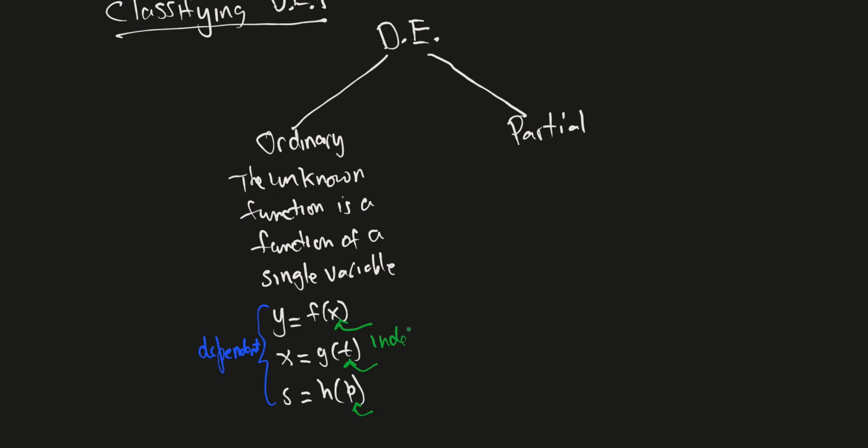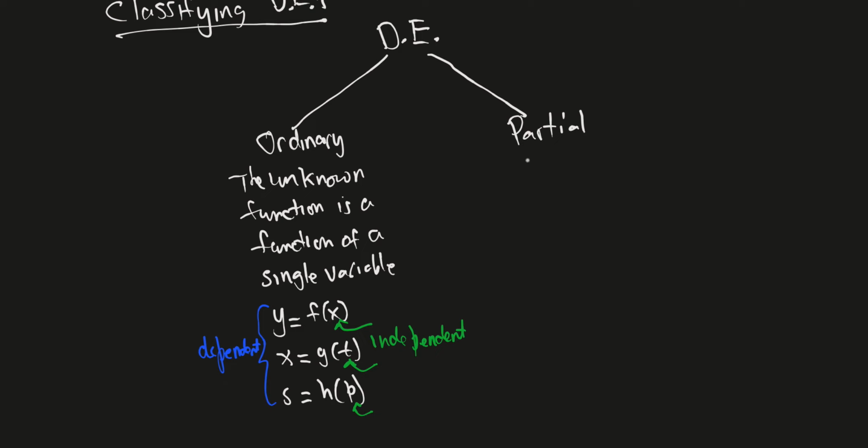And in an ordinary differential equation, you can only have one of these, right? One independent variable. In a partial differential equation, you still have one dependent variable, but you could have multiple independent variables.